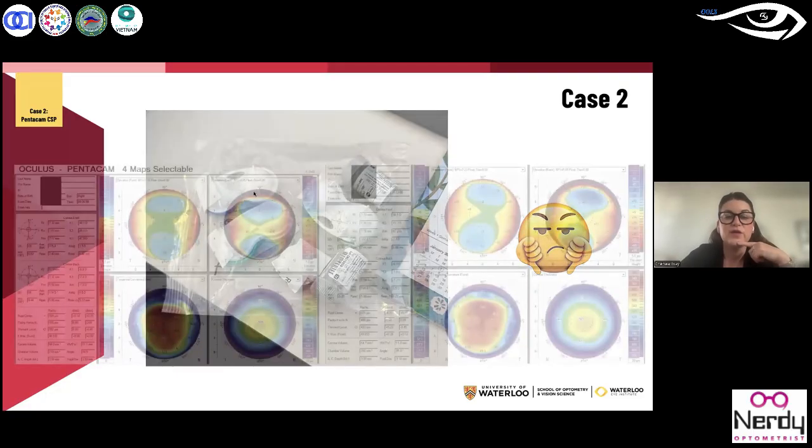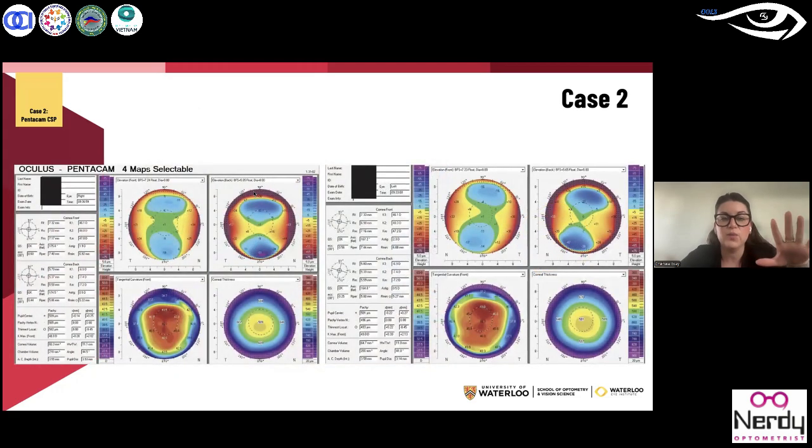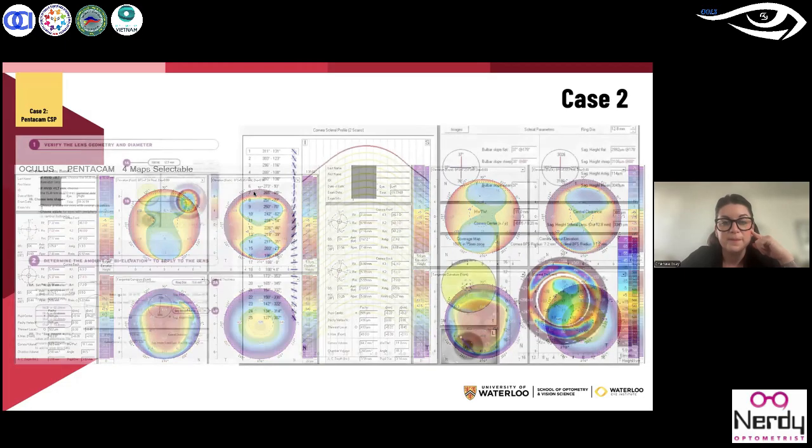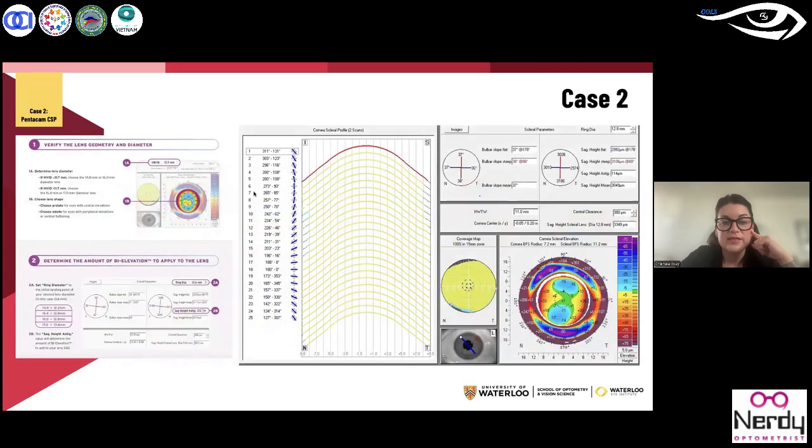So after a few, we washed her out of the lenses. This is just her Pentacams here, showing her corneal astigmatism. And then we got fairly good CSP scans with minimal extrapolation, and we followed the algorithm.